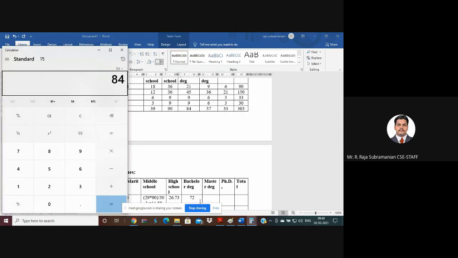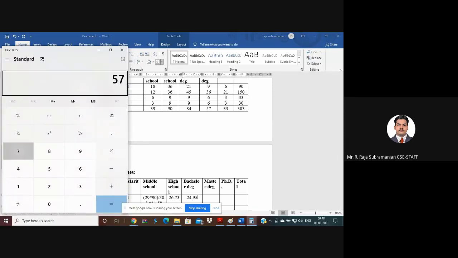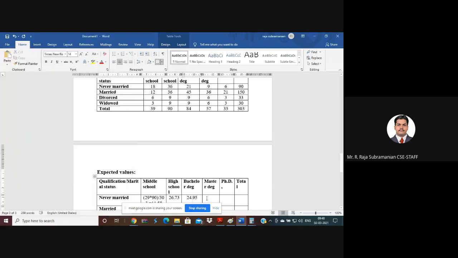84 into 90, 7560 divided by 303. It is 24.95. Next, 57 into 90, 5130 divided by 303. That is 16.93.